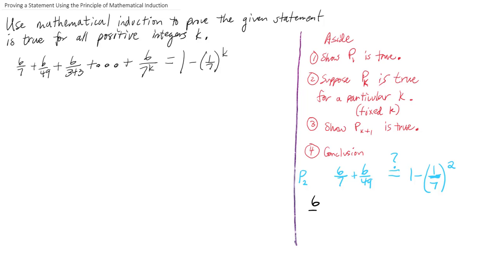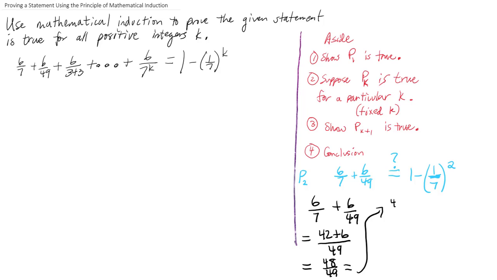Let's examine 6/7 plus 6/49. And let's see what this really is. So let's find a common denominator. The common denominator is 49. And notice we get 48 over 49. But what is 48 over 49?